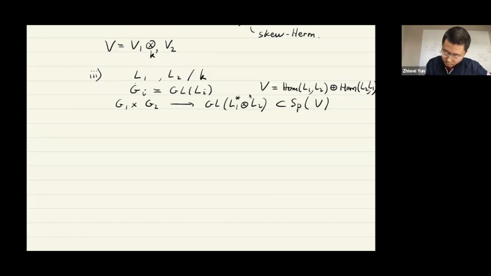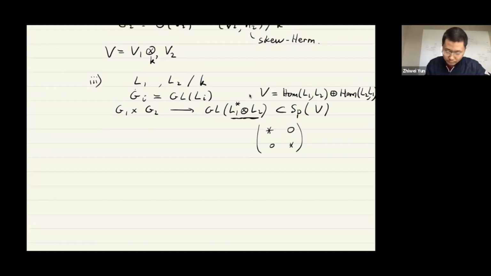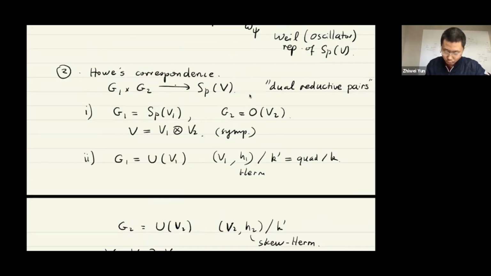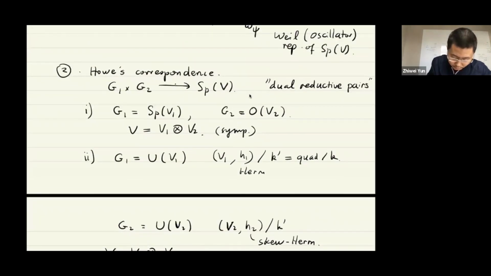And this GL is the GL of the first Lagrangian. This embedding is embedding as the Levi subgroup preserving the splitting. We will mostly consider the first case, which is in some sense the most complicated case.